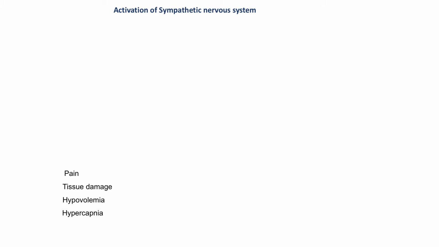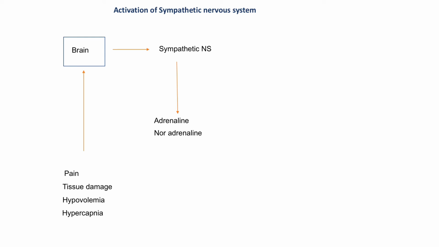First system that is activated in situation of stress is sympathetic nervous system. Signals of pain, tissue damage, and hypovolemia reach to brain through somatic and visceral nerves. These signals result in activation of sympathetic nervous system and release of noradrenaline and adrenaline.